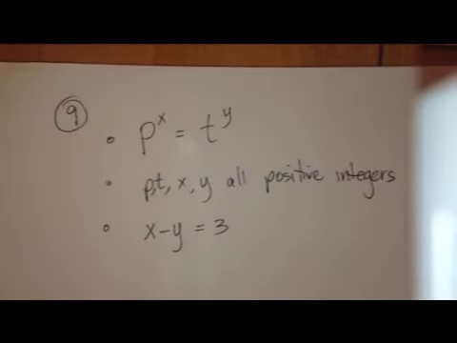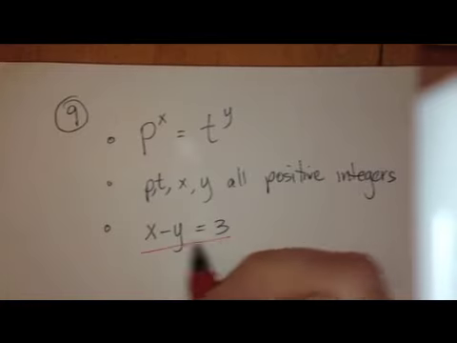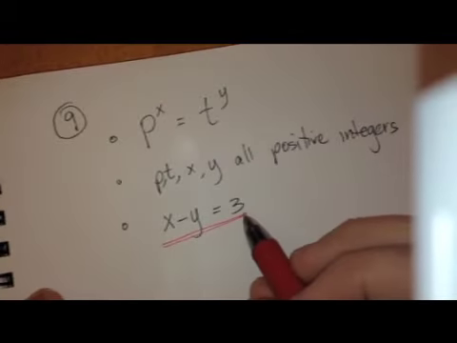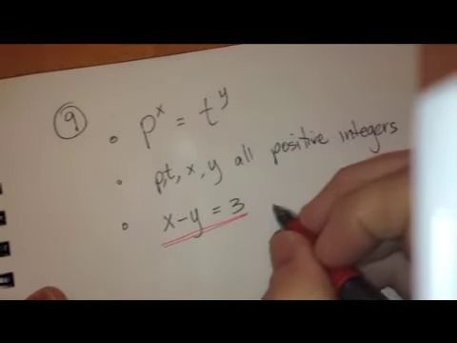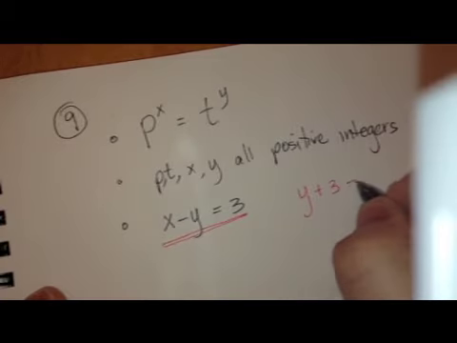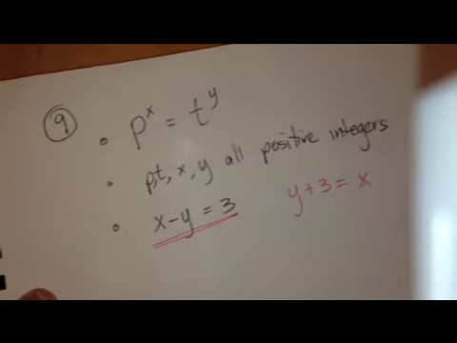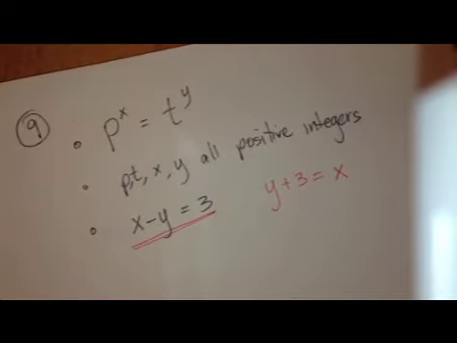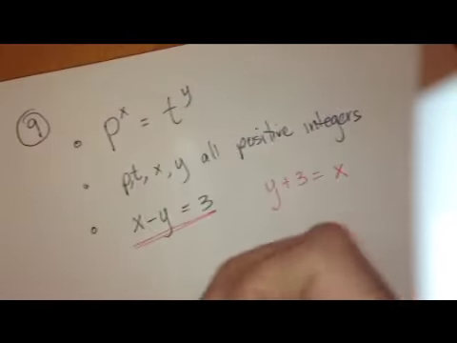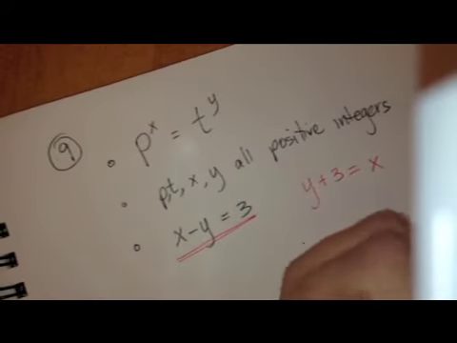For me, the key piece of information was this right here. X minus y equals 3. If I wanted to rewrite that relationship, I could say it like this, that y plus 3 equals x. And I could even rewrite my original problem like this.